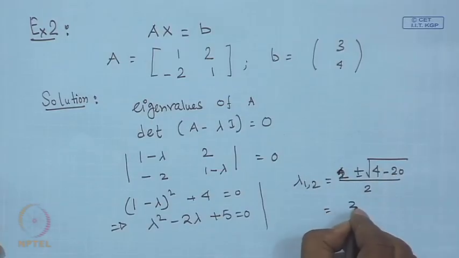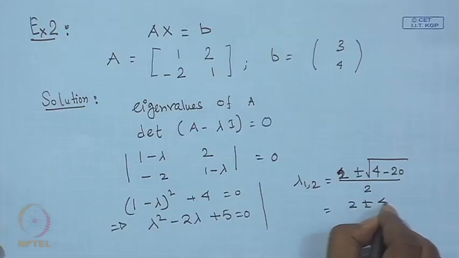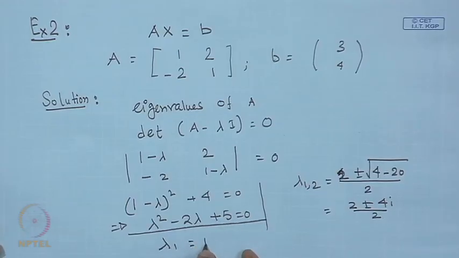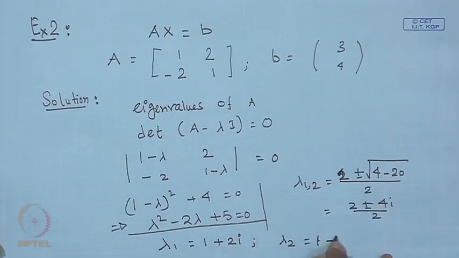So, it will be 2 plus minus 4 i divided by 2. So, you will be having imaginary eigenvalues in this particular problem. Lambda 1 becomes 1 plus 2 i, and lambda 2 is equal to 1 minus 2 i, and these roots occur as complex conjugates.